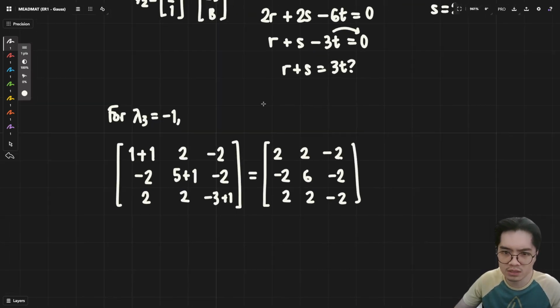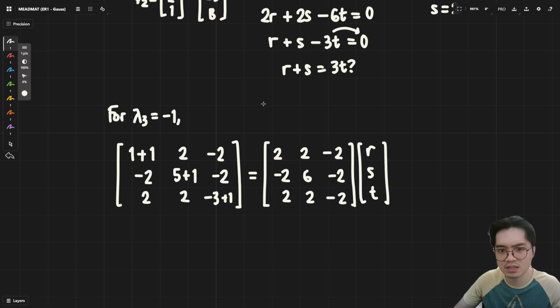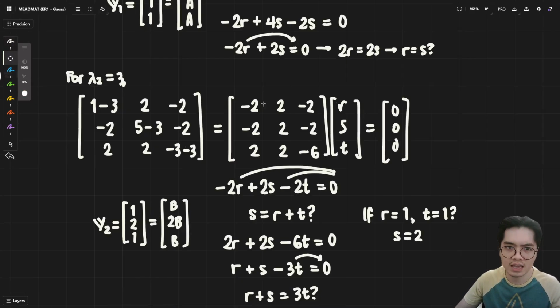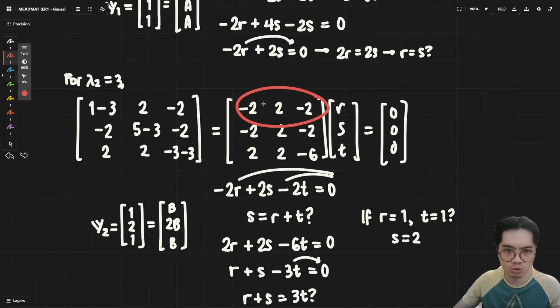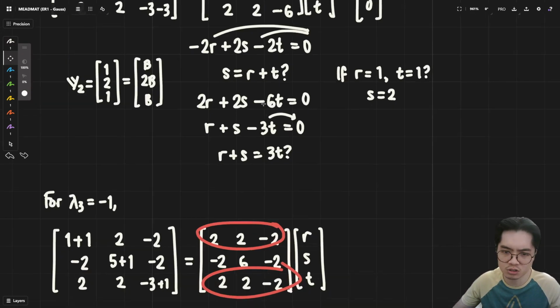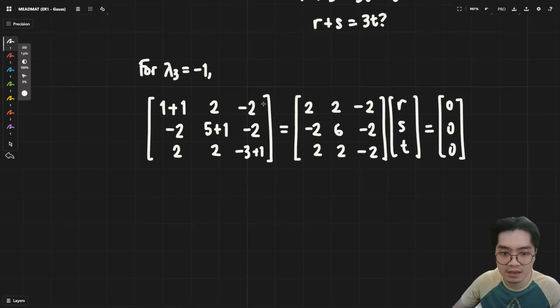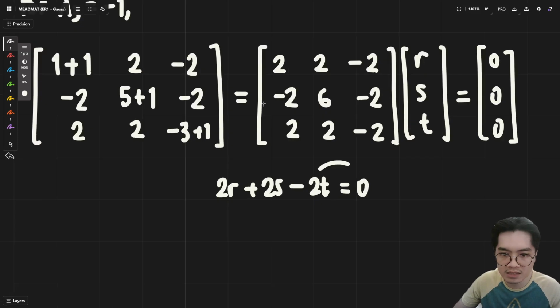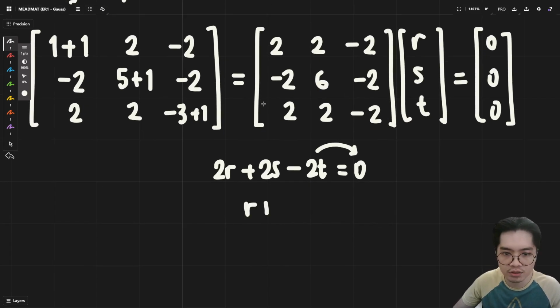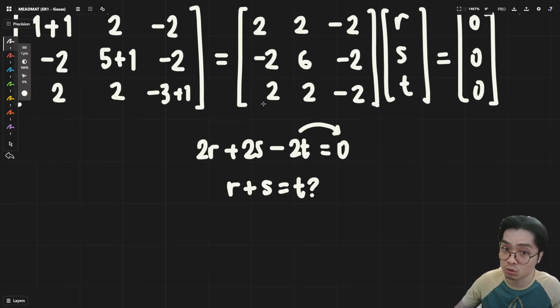Of course, as we can see from RST, these two are the same as these two right here. So let's just proceed. Equal to 0. What is happening is 2R plus 2S minus 2T is equal to 0. And if we cancel all of our 2's and put the T on the other side, we will have this relationship, R plus S is equal to T.